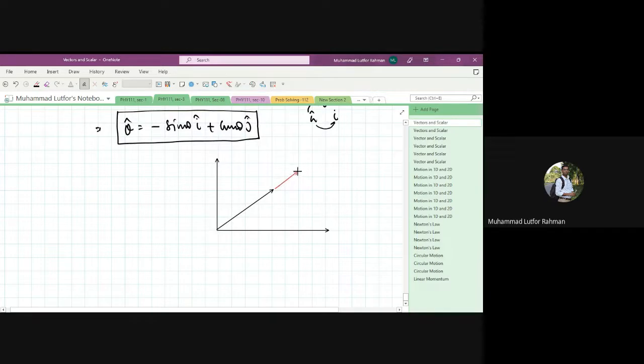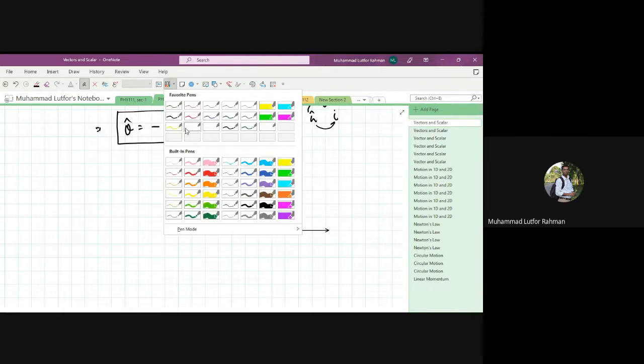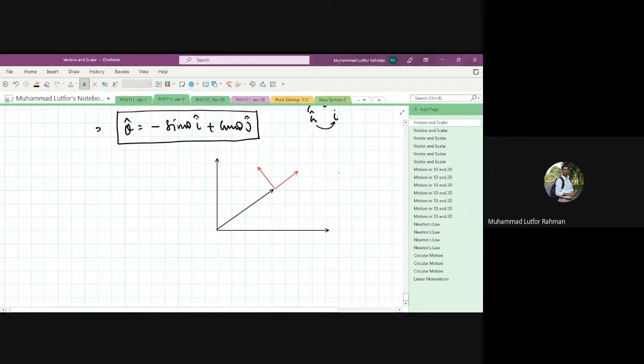This is actually your r hat, and this is actually your theta hat, right? So this is r hat, this is theta hat, this is the vector r, this is the x-axis, this is the y-axis, and it creates the angle over here.